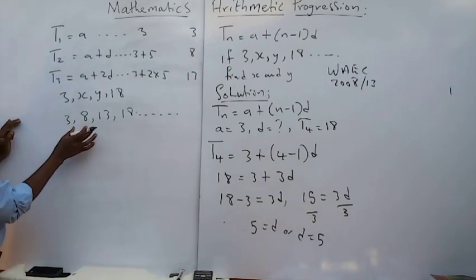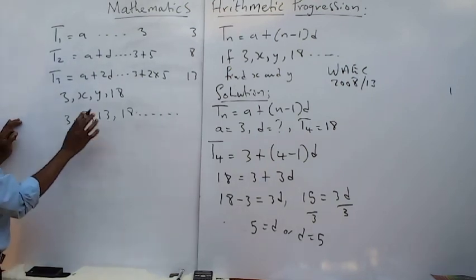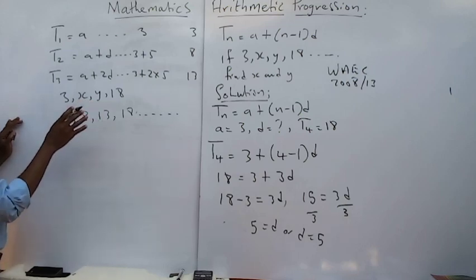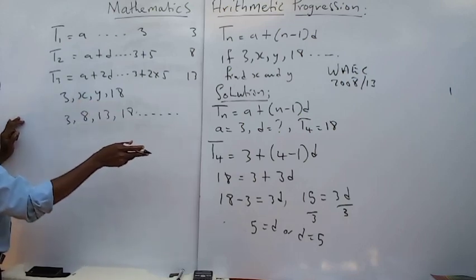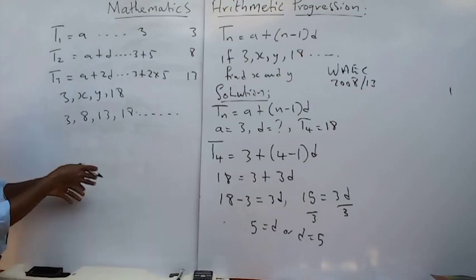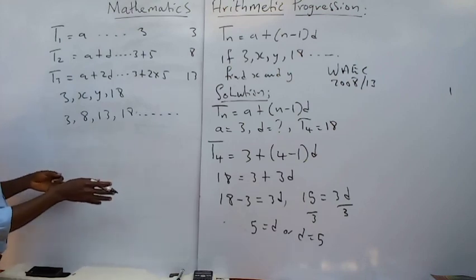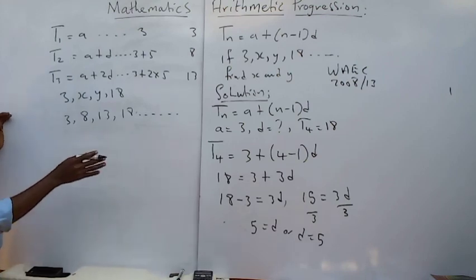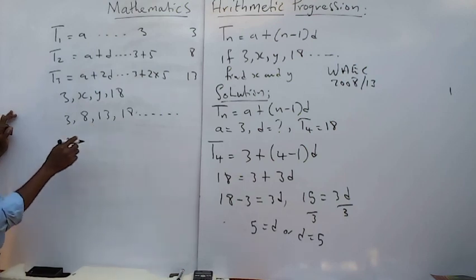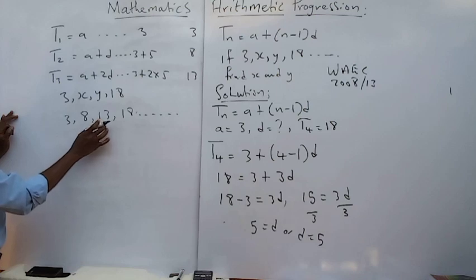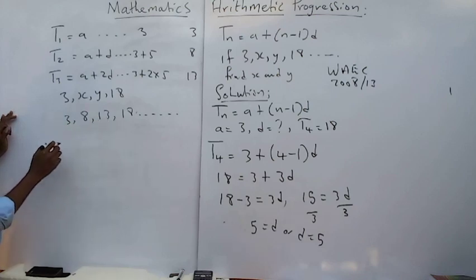Assuming I want to find the specific expression that is generating this sequence, because after this I'm going to take you to the next class where we will be working on rules and functions that generate a particular sequence. Look at what I'm going to do.